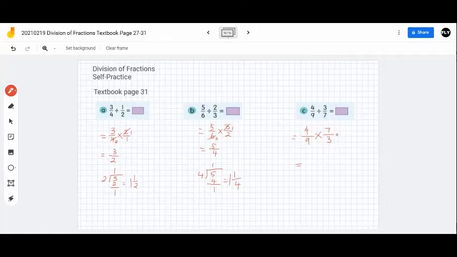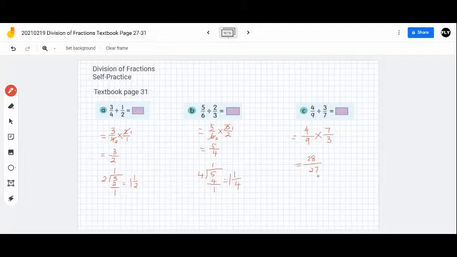Can it be simplified? 4 and 9 cannot. 4 and 3 cannot. 7 and 9 cannot. 7 and 3 cannot. So what you can do right now is multiply directly. Numerator times numerator, denominator times denominator. 4 times 7 is 28. 9 times 3 is 27.